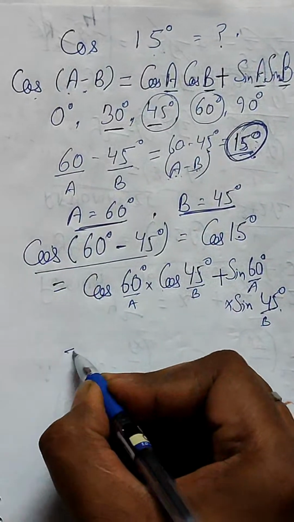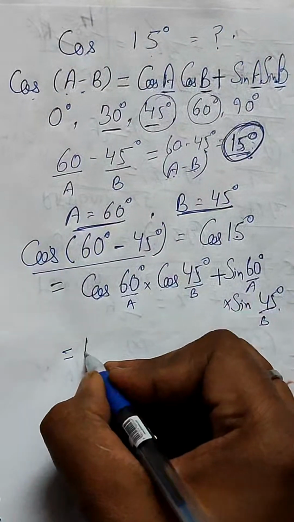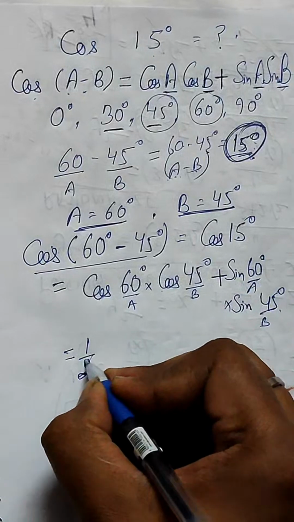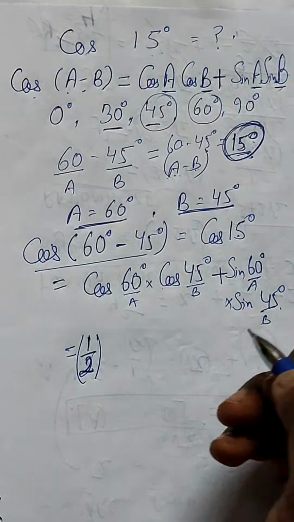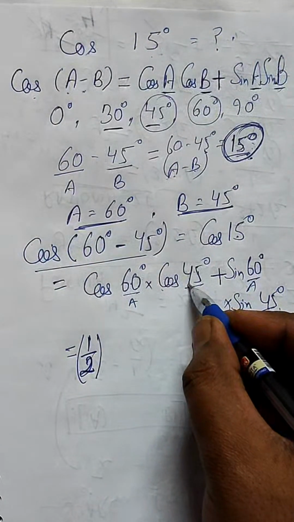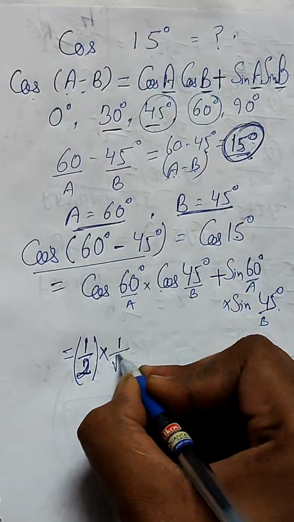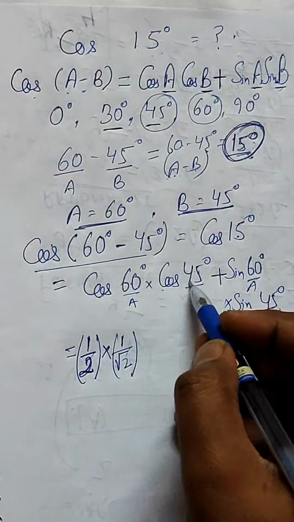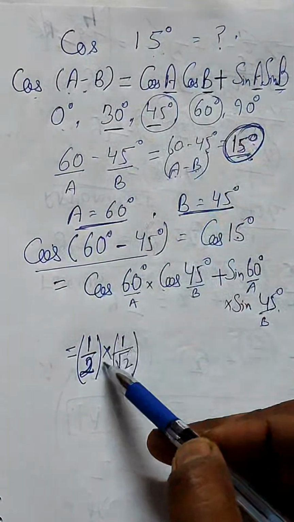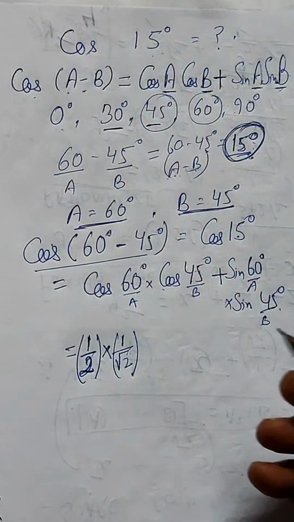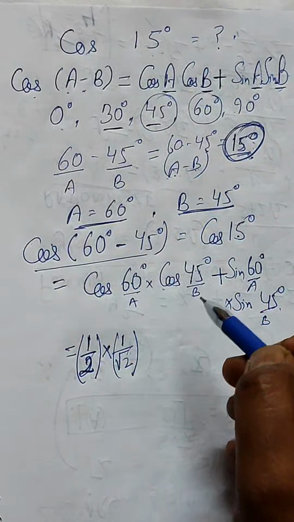Now just put up the values. What is the value of cos 60? Cos 60 degree is 1 by 2. And what is the value of cos 45? Cos 45 is 1 by root 2. So these values you need to remember, for all these five angles, for sine, cos, tan and cosec, sec and cot.